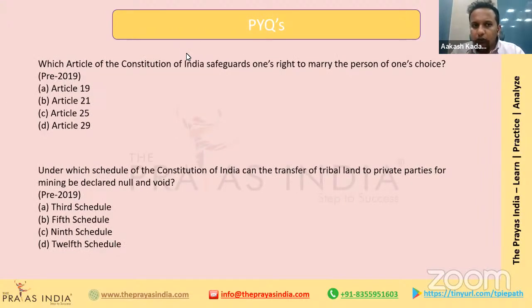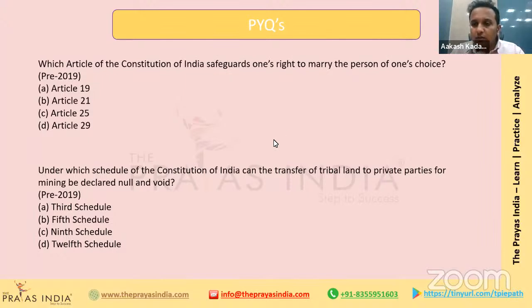As I have been discussing, on the right to marry, UPSC had asked in prelims 2019: which article of the Constitution of India safeguards one's right to marry a person of one's choice? Under fundamental rights, we have Article 21, which talks about the right to life and personal liberty.